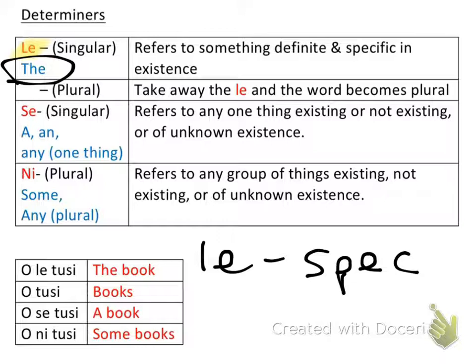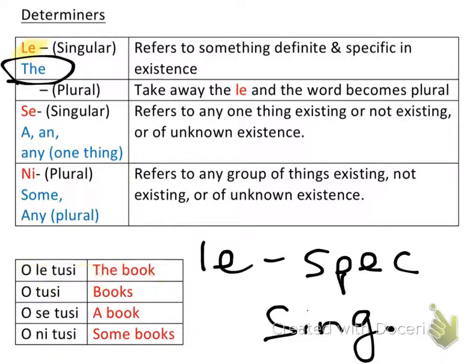I'm just going to put SPEC for specific, and I'm going to put sing for singular. So when I'm talking about a specific and singular thing, I put le in front of it. And so this example right here, the book, I'm talking about a specific and a single amount of books. So I put o le tusi, and the closest thing that you can say to that in the translation is the book. You're talking about a singular book and a specific book, and so that's why I put a le in front of that.